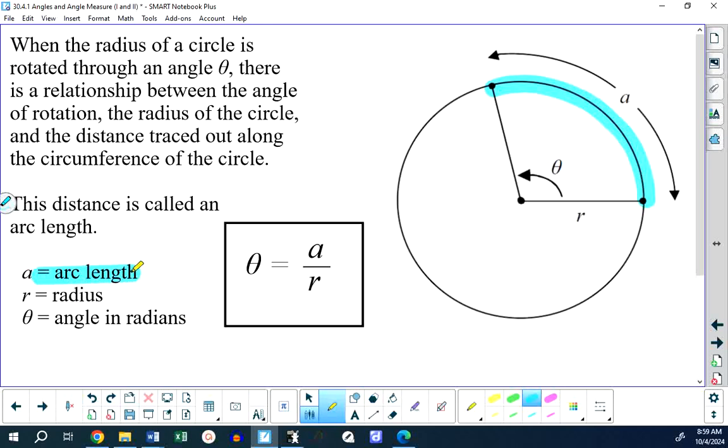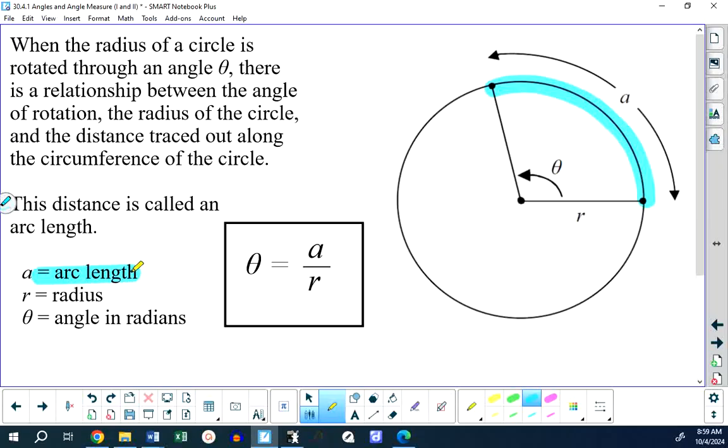And the reason this formula works, I'm going to just explain it briefly, is based on the definition of a radian. A radian for a rotation angle is what you get when you trace out one radius. So if I were to trace out 2 radii along the edge of a circle, that angle would be 2 radians.